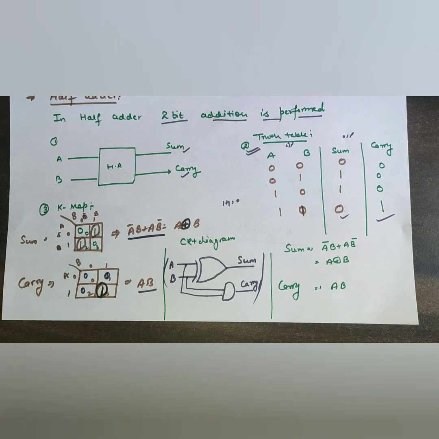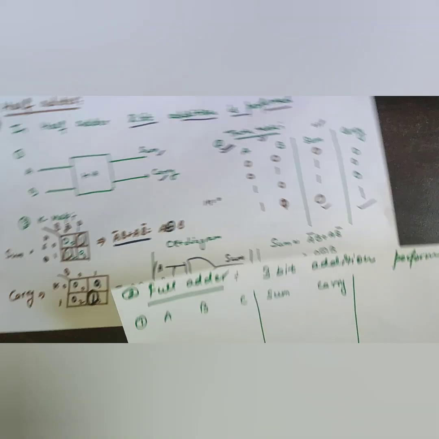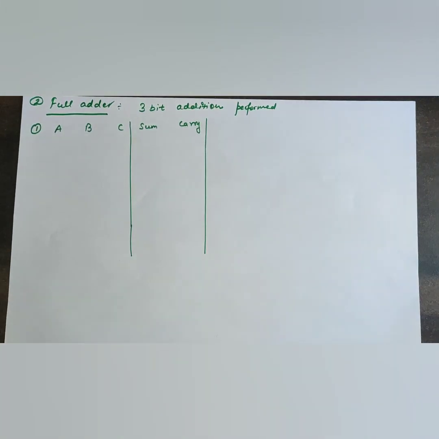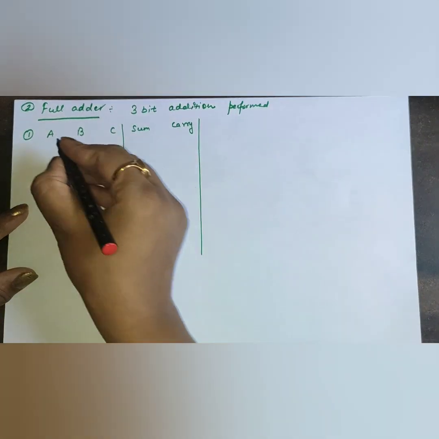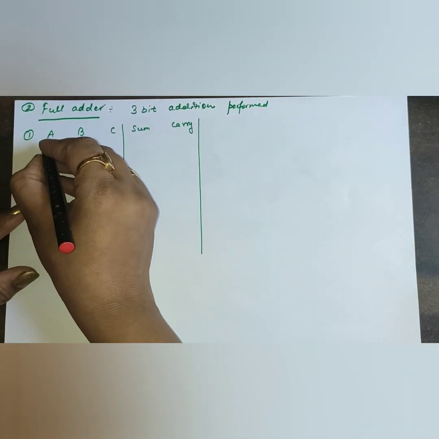Now we will talk about the full adder, and any confusion can be cleared from there. The full adder is done with 3-bit addition.